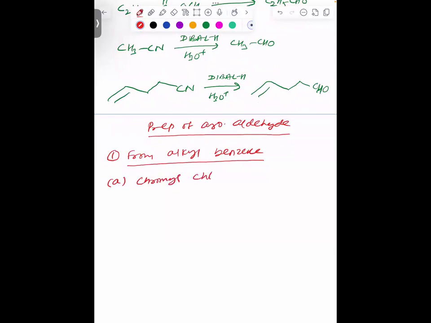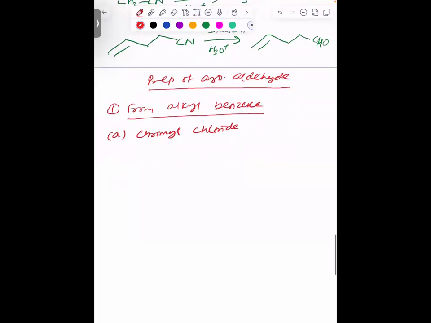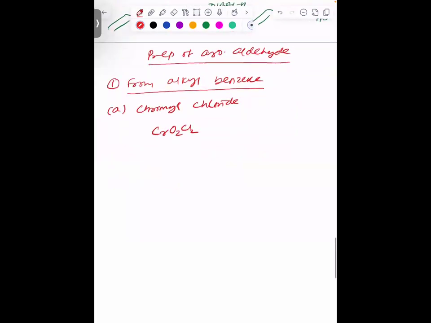So from alkyl benzene, one way is by using chromyl chloride. What is the formula of chromyl chloride? CrO2Cl2.